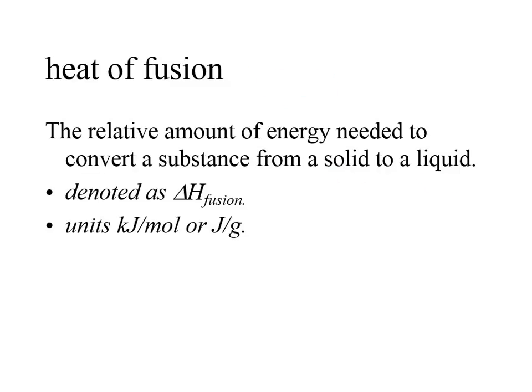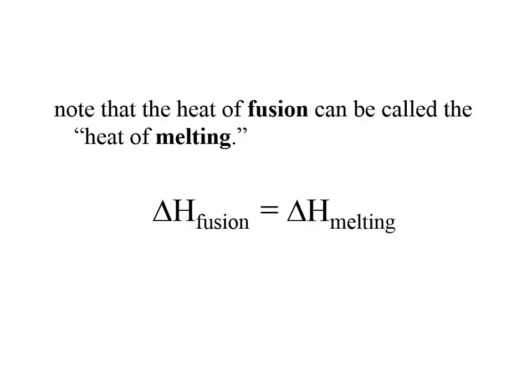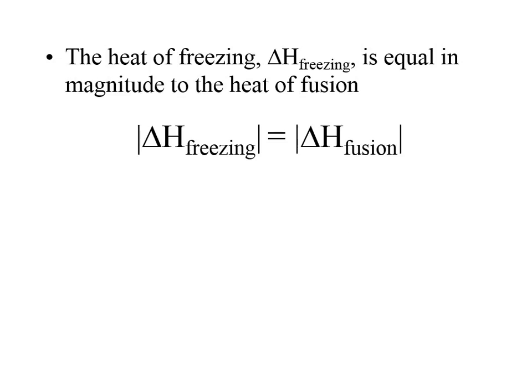Okay? So I don't know why we don't go with the enthalpy of melting or the heat of melting. Okay. So without really showing you necessarily a slide for freezing, I bet you buy this, that freezing and fusion have the same amount associated with them, but they're opposite in sign.